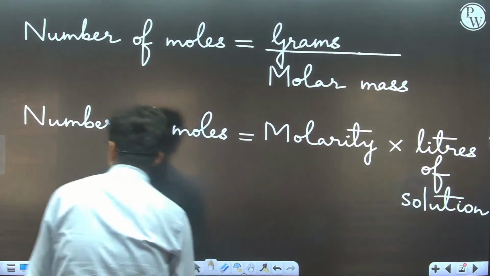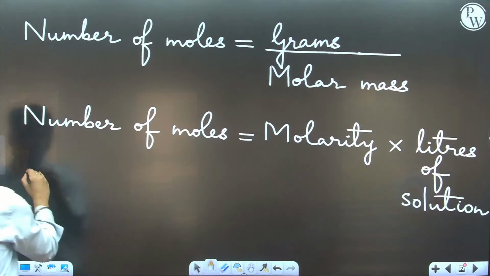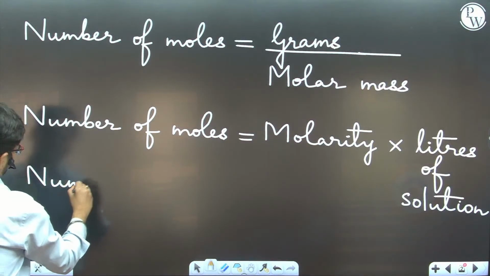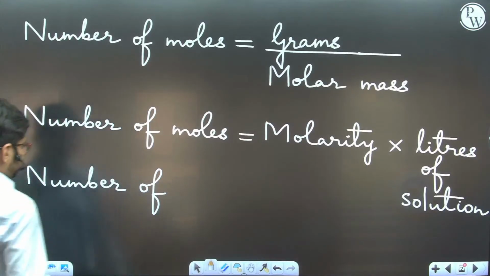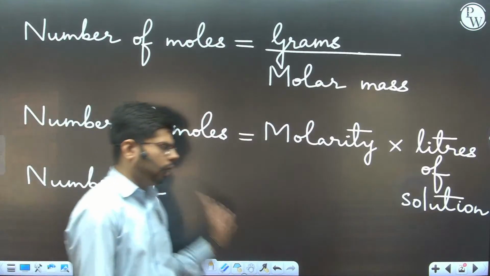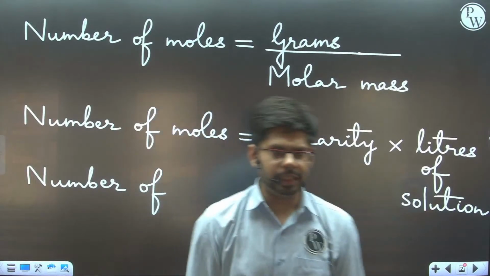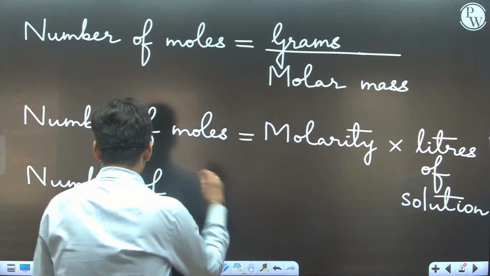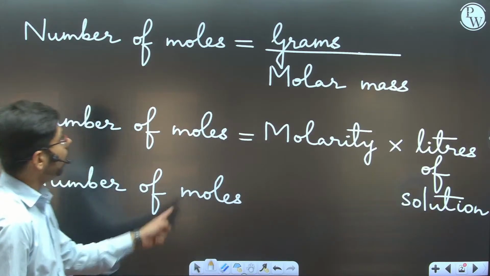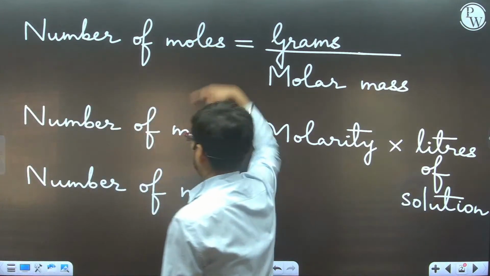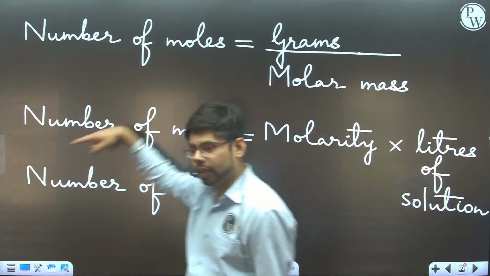All right, now if I look at one more formula, this particular formula is applicable only and only at STP or NTP. So number of moles, and yes, for gases of course. See, these two formulae, the first and second formula, are used everywhere.